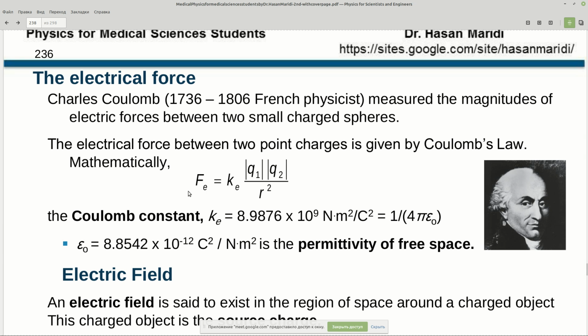Here, the electrical force is inversely proportional to the squared distance between them.